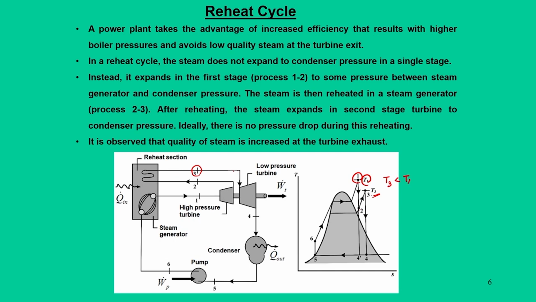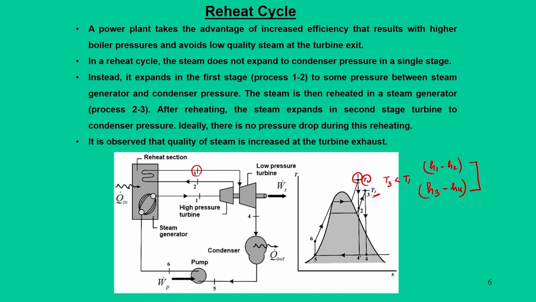Now, the steam at state 3 enters the low pressure turbine unit, and it expands in this low pressure turbine. So, the work output is H1 minus H2 in the first part, and H3 minus H4 in the second part.